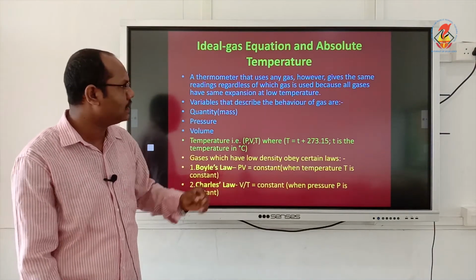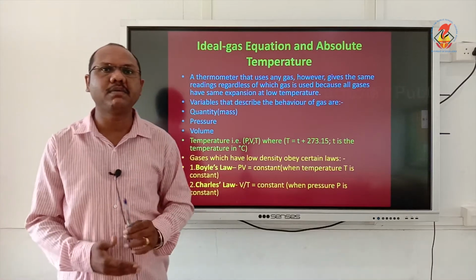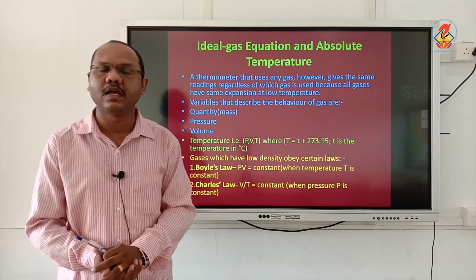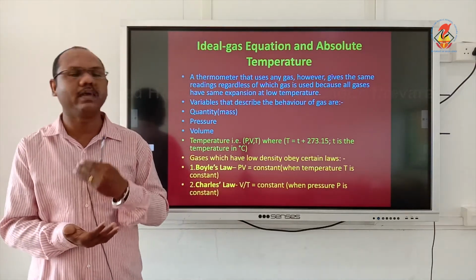So the variables that describe the behavior of the gases are number one, the quantity of gas, which means mass. Number two, the pressure. And number three, the volume.